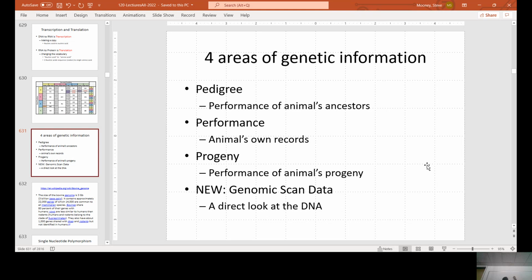Genotype equals temporary environmental effects plus permanent environmental effects equals phenotype. Has anybody heard that before? Genotype is what the genetics are.